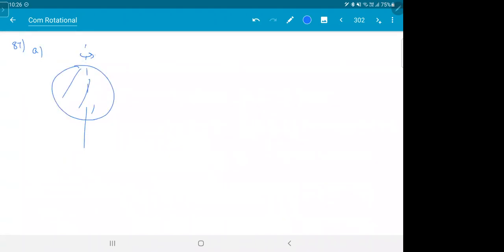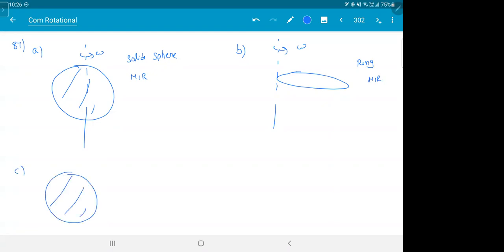Let's see how to calculate a few things. So you have a solid sphere rotating with omega. You have a ring rotating about this point with omega. You have a disk rotating with omega.